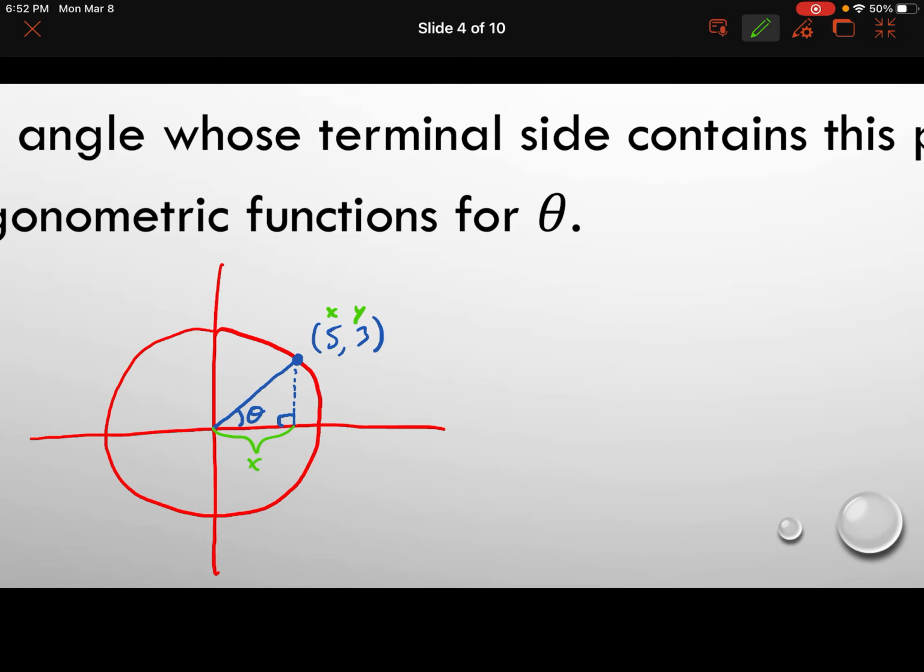So the length of that side of the triangle is 5. Conversely, y represents a vertical distance or vertical movement on the xy coordinate plane. So that makes that side of the triangle 3. So we know that the bottom side of the triangle is 5 and the vertical side is 3.